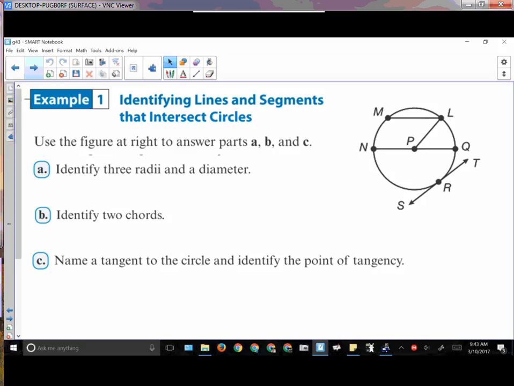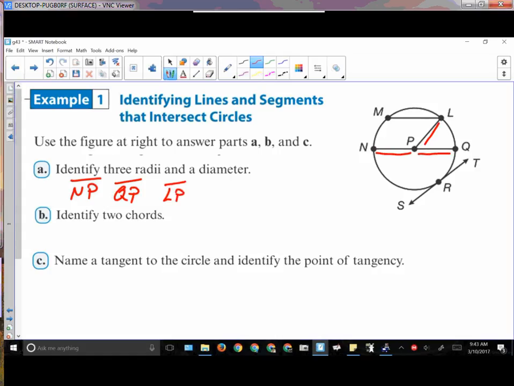So if I want to identify 3 radii here, one of them is going to go from N to P. Another one would go from Q to P. Another one still would go from L to P. Now, what would be the diameter? The diameter would just simply be going all the way through from N to Q. So there's our diameter.